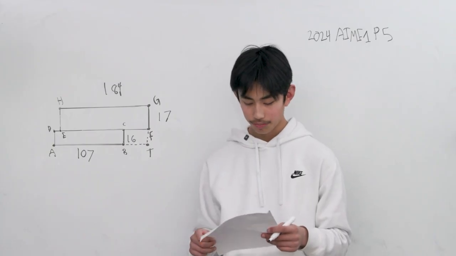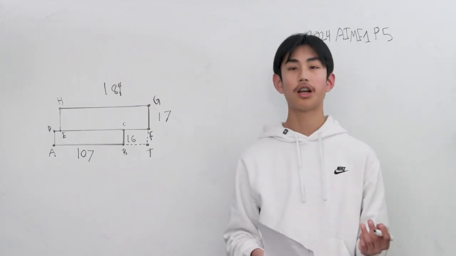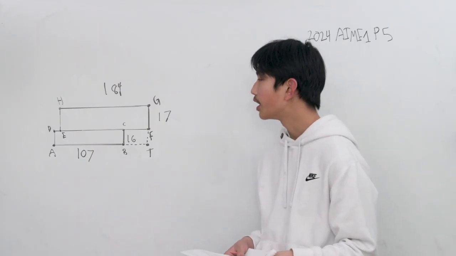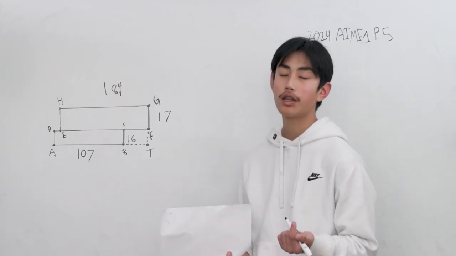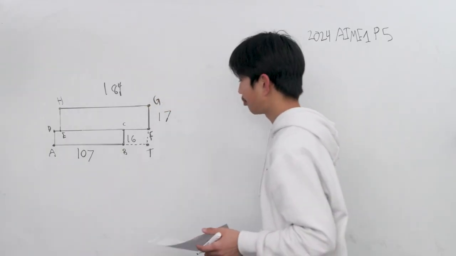Find CE. For this problem, what we want to do is find a pair of similar triangles that can aid us in finding CE. But first, we need to use those similar triangles to find that little sliver DE.